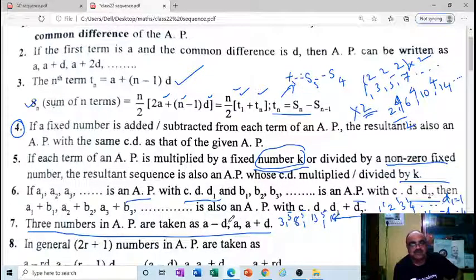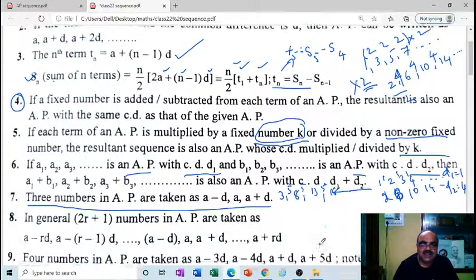If I get the total, I can directly calculate the value of A. Once A is known, calculating D is not difficult at all. This is how you can generate each element. So that's why, for this kind of calculation, I'm going to solve all of these with examples. So three numbers in AP are always taken as A minus D, A and A plus D.